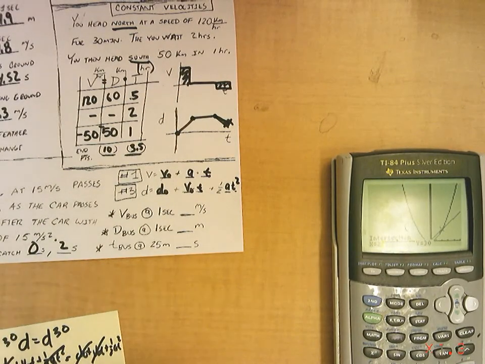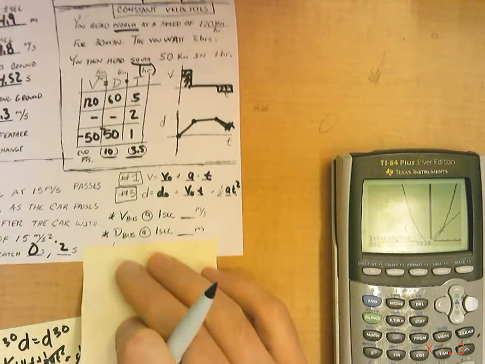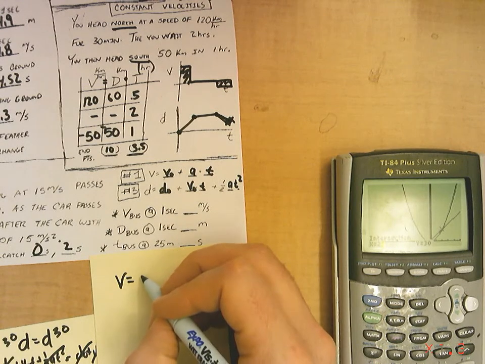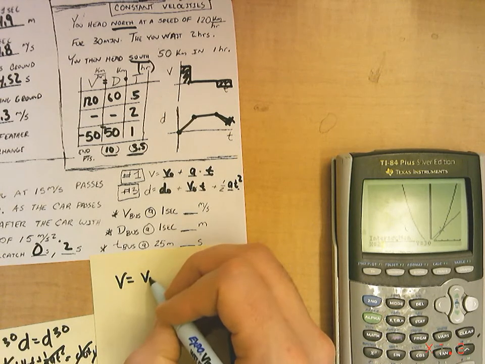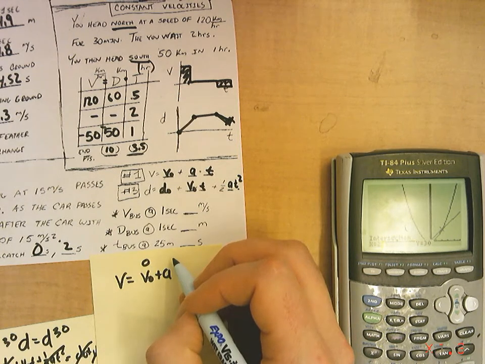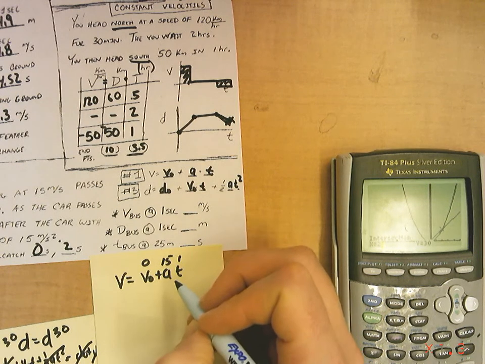Now we got to do some more work here. So we need to find the velocity after 1 second. That's easy enough to do. V equals v naught plus at. Remember, it starts at rest, and the acceleration of the bus is 15, and we put in 1.